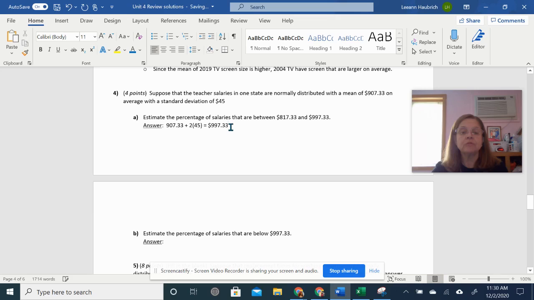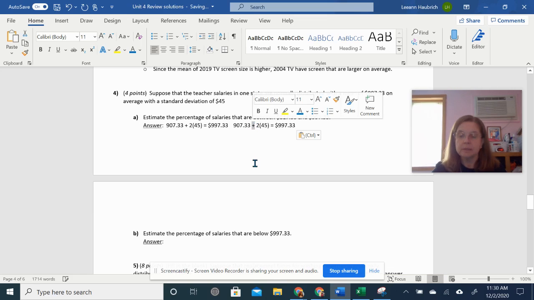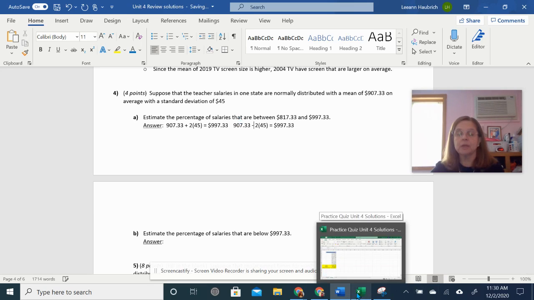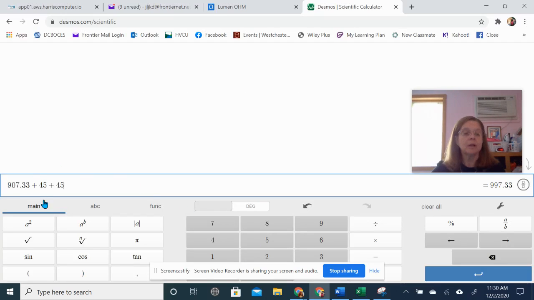So now I'm going to try to do this with subtraction and see if I get the low value. Tab over. And I'm going to change this to subtraction to see if we get the low value, because this was 2 standard deviations above. So let me check the Desmos calculator.